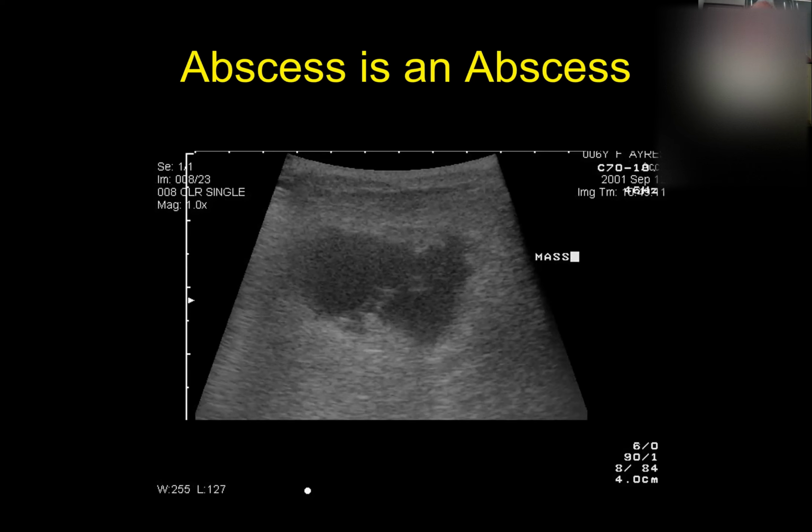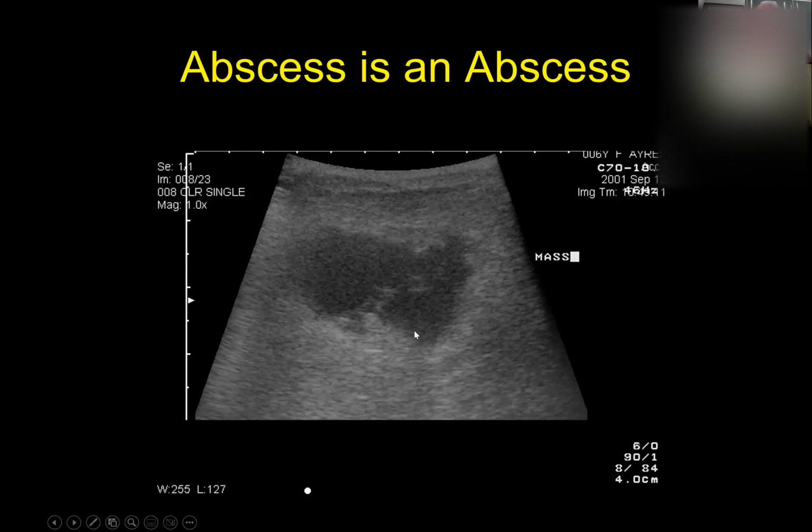Okay, but we know from pathology that if you give it time, as the body tries to get rid of it and wall it off, then over time, the content in the middle of the abscess will become thicker and green and yellow and stuff like that. And even more time, it becomes cottage cheese like as it dries out. And so the appearance of an abscess will depend somewhat on the maturity of the abscess.